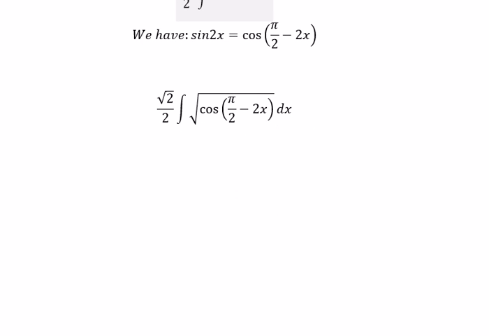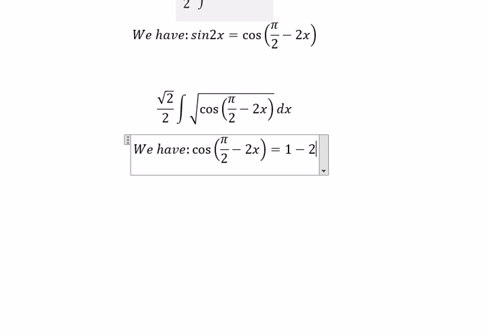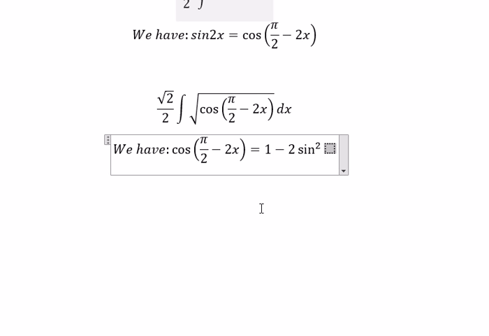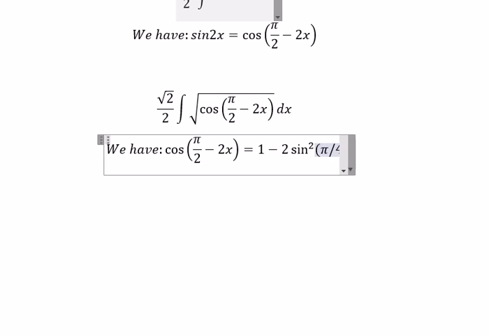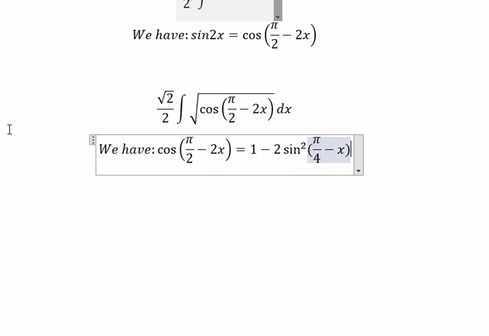Next, we have cosine π over 2 minus 2x equal to 1 minus 2 sine square, and we got about π over 4 minus x.